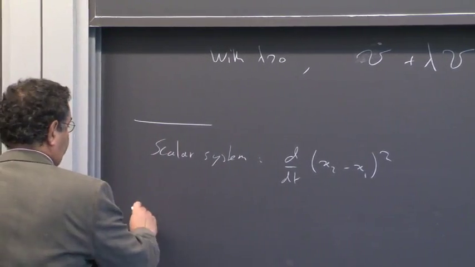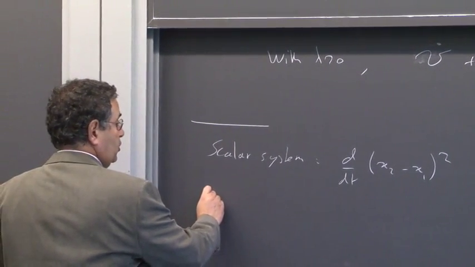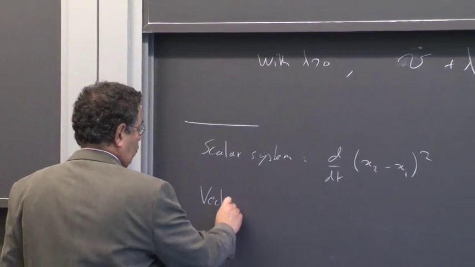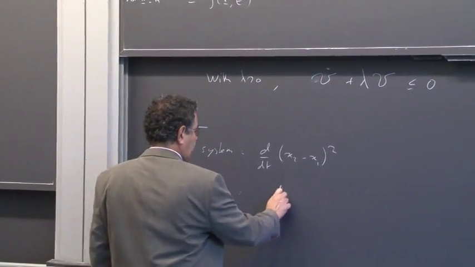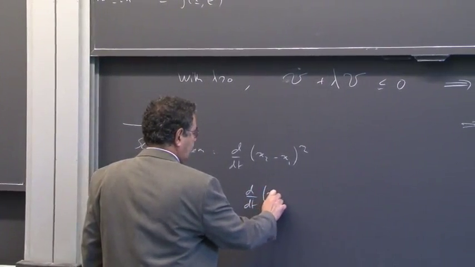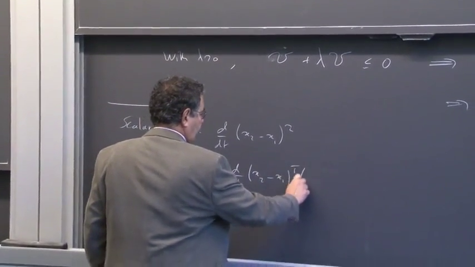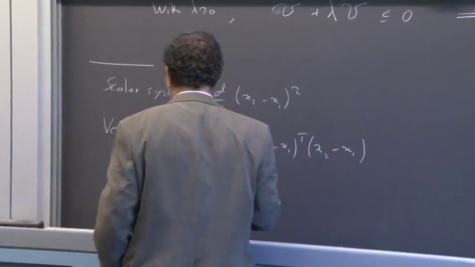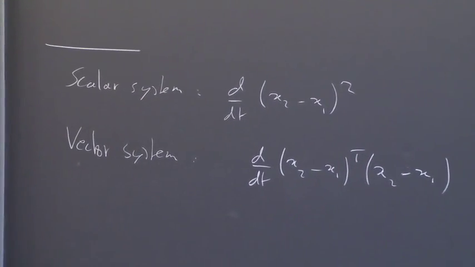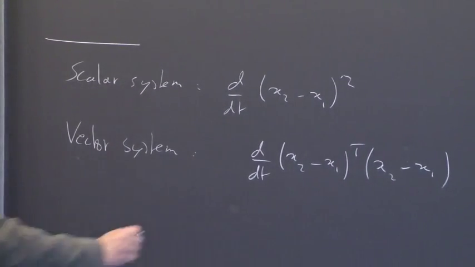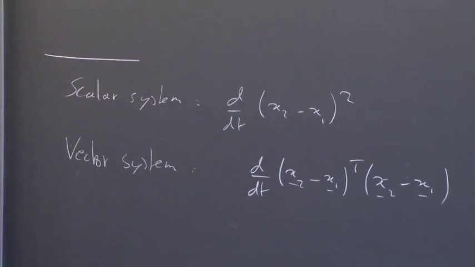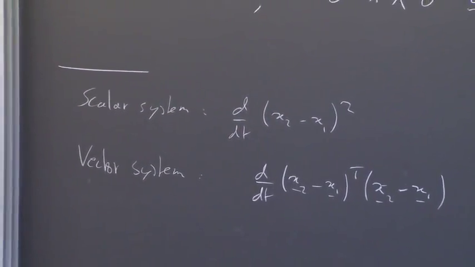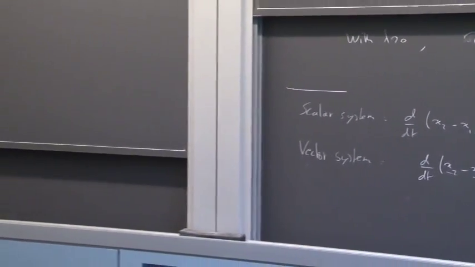So of course, if we take the multidimensional system, we can do the same thing, or at least try to do the same thing. In other words, what we're going to compute is d over dt of x2 minus x1 transpose x2 minus x1 for 2 trajectories, x1 of t and x2 of t of this system. So this is the obvious multidimensional equivalent of x2 minus x1 squared.